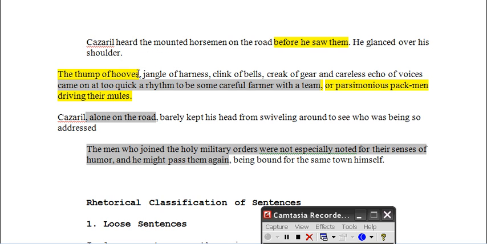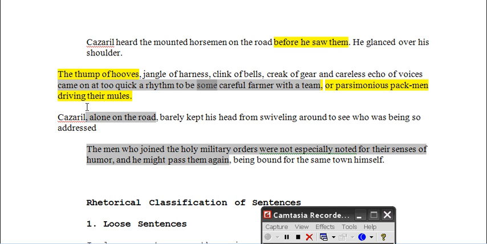The thump of hooves came on too quick a rhythm to be some careful farmer with a team. Or the thump of hooves came on too quick a rhythm to be harmonious packmen driving their mules. Or maybe she intended some to be part of both, and that still works. The thump of hooves came on too quick a rhythm to be some harmonious packmen driving their mules.